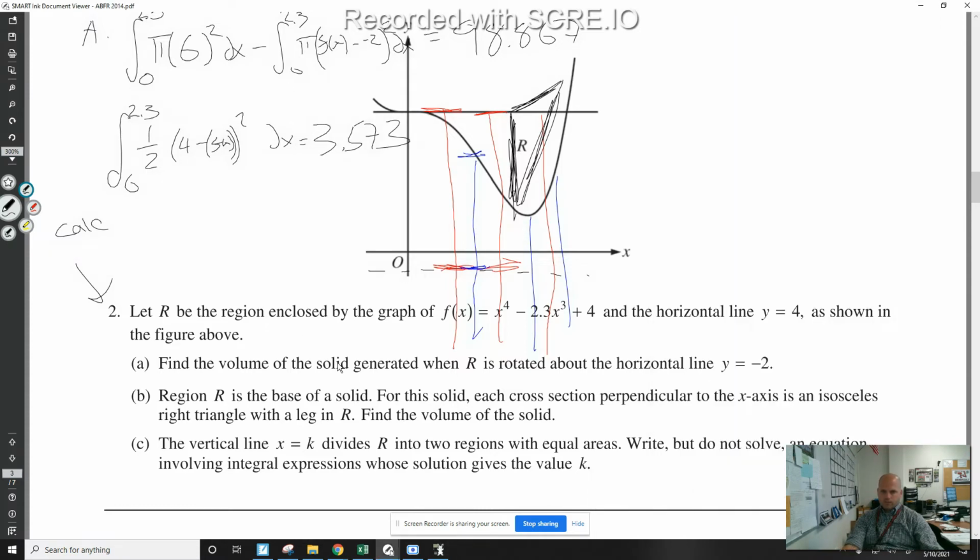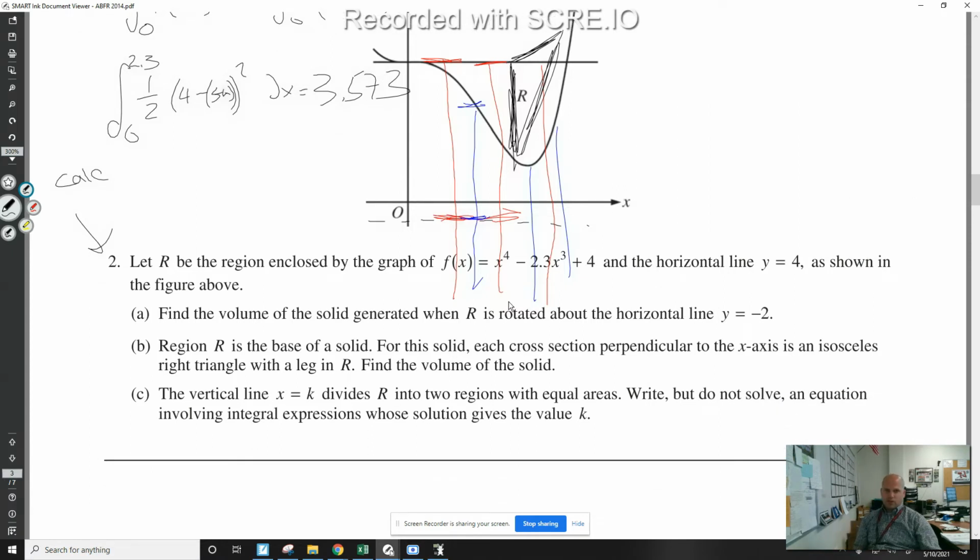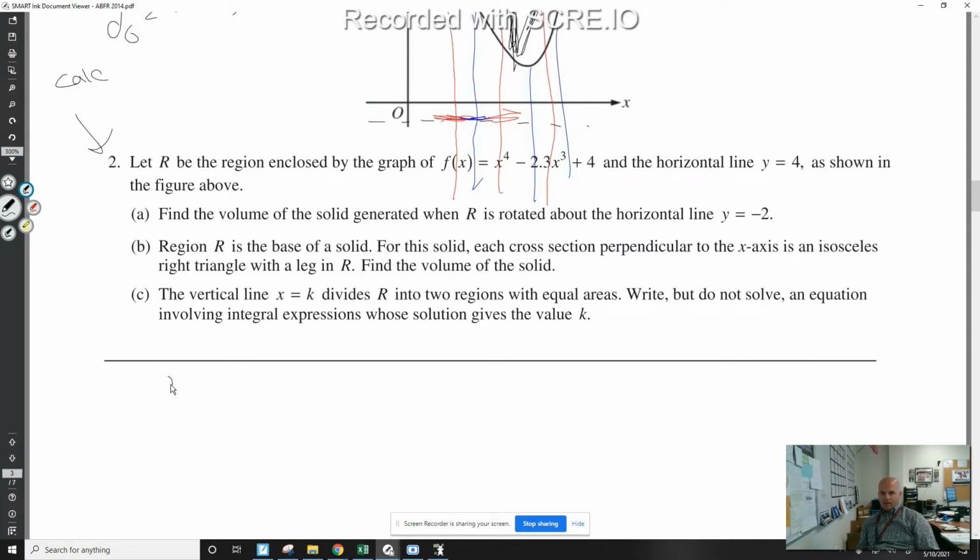And then the vertical line divides the region into two regions with equal areas, right? But do not solve an equation involving an expression. So this is the classic find the x equals k, but we don't have to find it. We know that the integral from 0 to k of my top minus my bottom has to equal half the overall area.